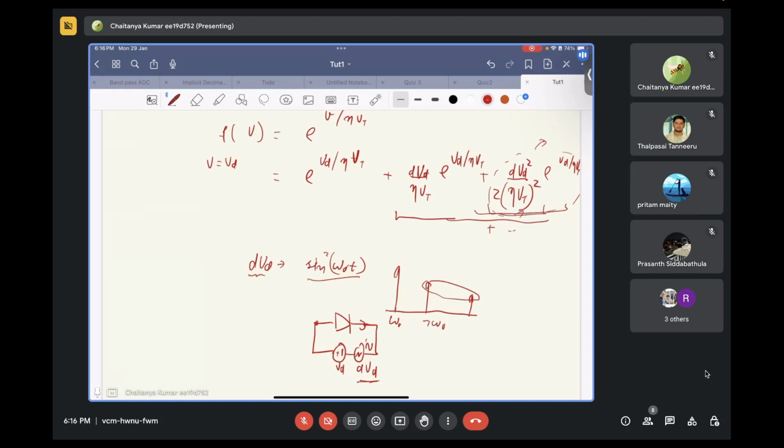So a system level engineer will tell you that the total harmonic distortion should not exceed a certain amount, and accordingly you decide what maximum dVd you can give to this diode. If the distortion does not exceed that amount, you say your system is linear enough as far as your application is concerned.